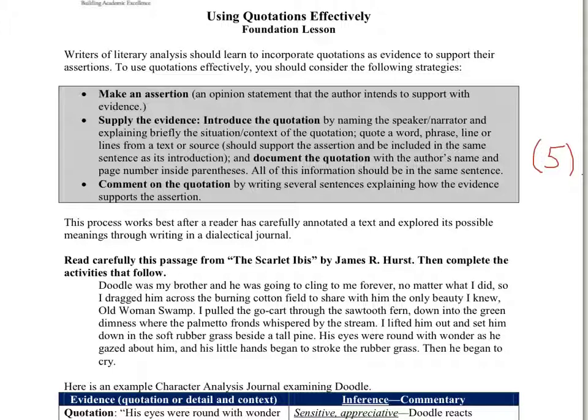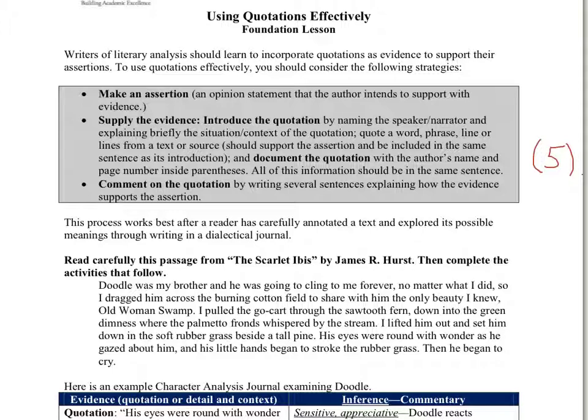All you need is the number. The only time you would include the author's last name is if you're citing more than one book in your paragraph or in your essay. In our case today, and when we get back from break, you will only be citing one book, so all you will need is the page number.